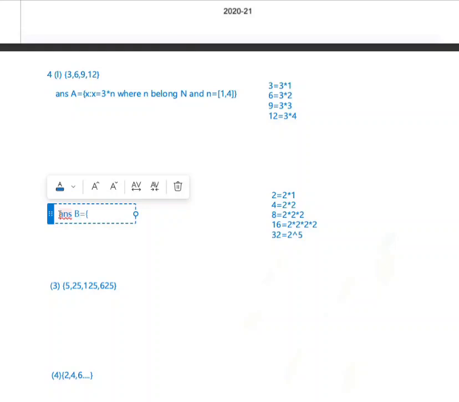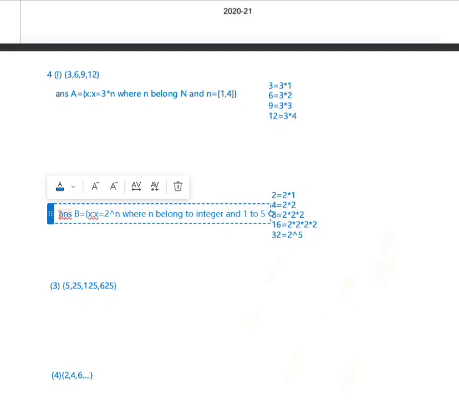So if we write a clear definition here, the answer for this, we assume B, would be x such that x equals 2 to the power n, where n belongs to integer.